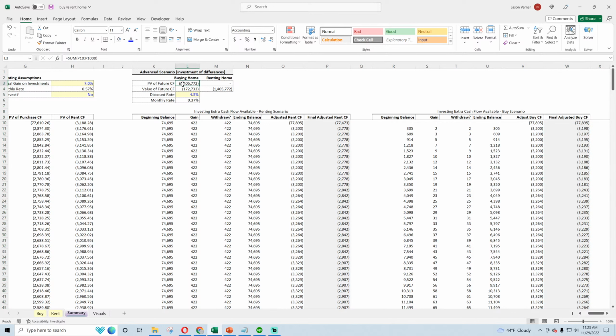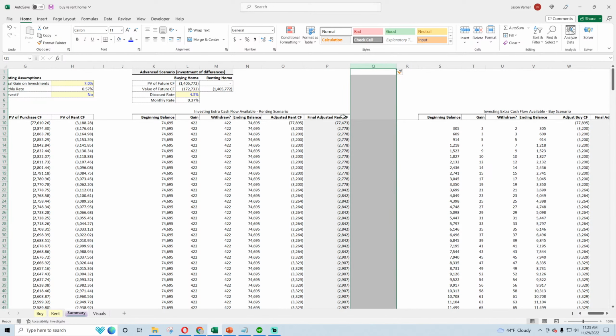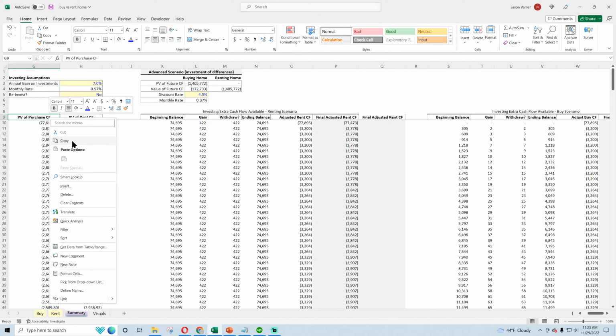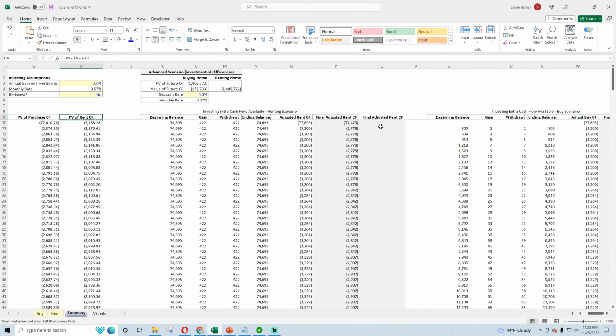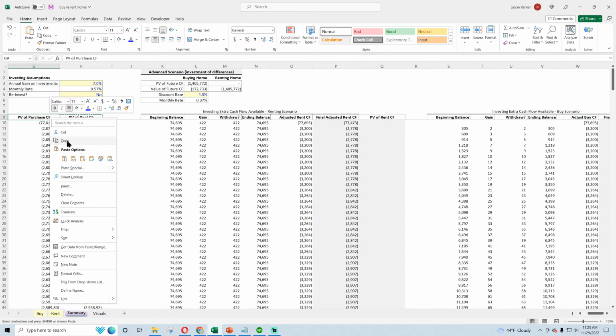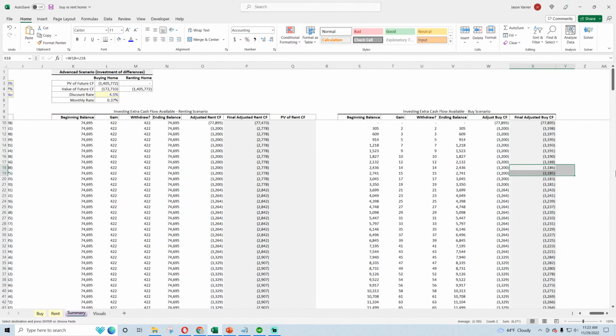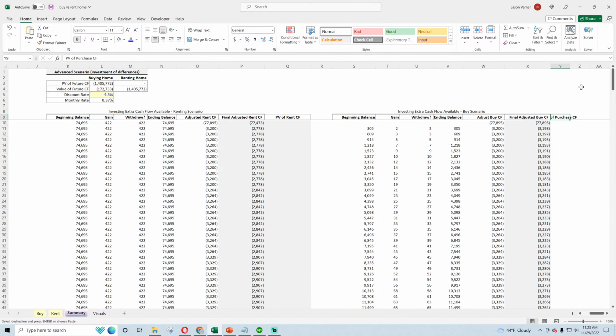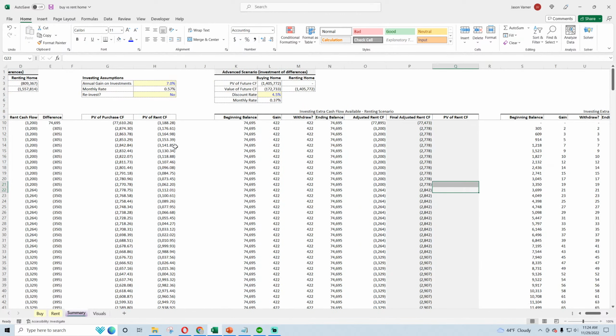Now the present value we can do as well. So present value of rent and present value of purchase. Okay, and then for that, we have the calc here.